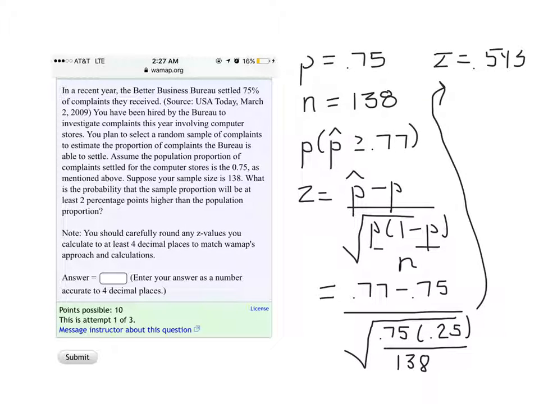So let's picture what we have here before we go and grab this probability that it's greater than or equal to that. We're in a normal curve, centered at the true population proportion, which is 0.75.